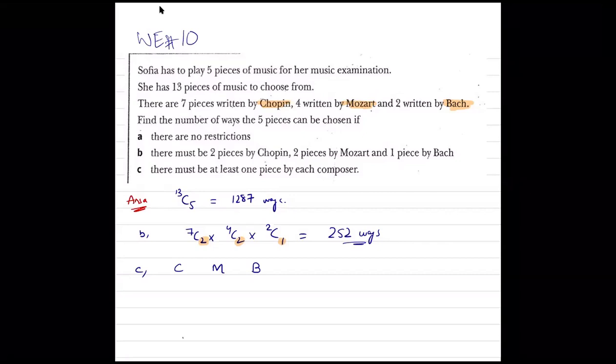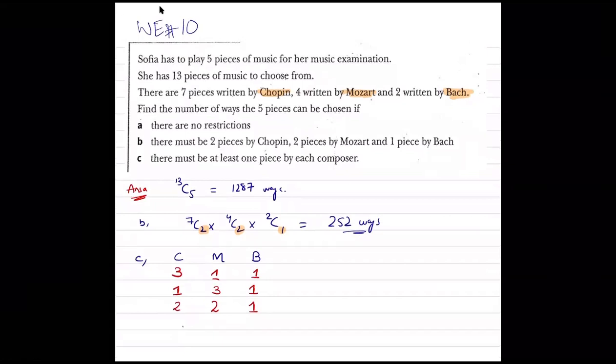Let's say if I take one for Bach, then I can have one for Mozart. So then I can have three from Chopin. So this is one of the possibilities. Or I could have one from Bach, one from Chopin, and then the remaining three from Mozart. Or if I'm taking one from Bach, it could also be that I get two from Chopin and two from Mozart.